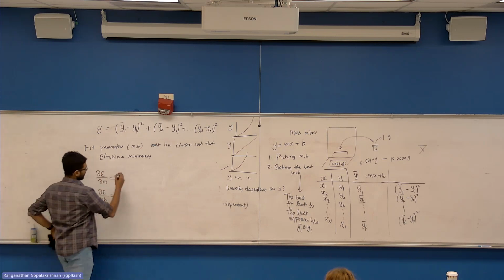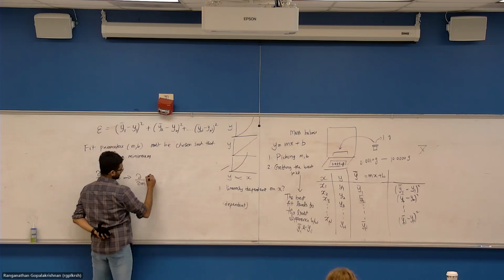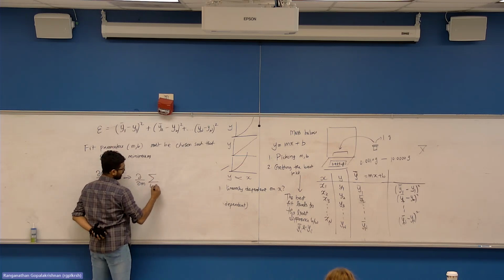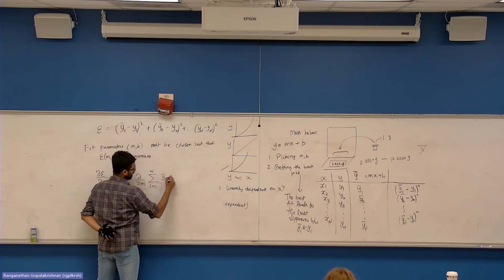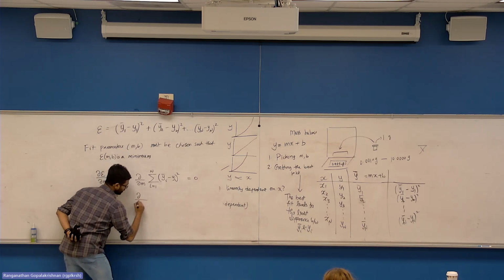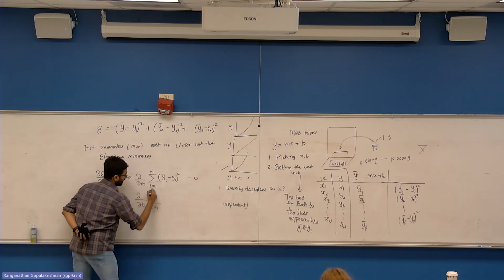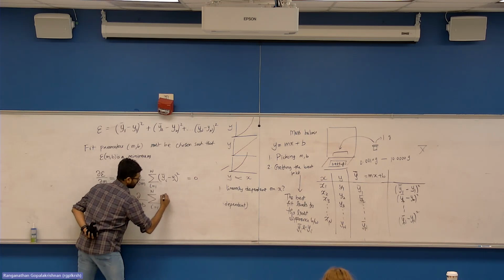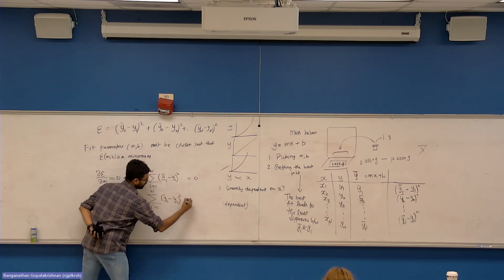What is this? This is like writing partial over partial m, summation i runs from 1 to n, yi bar minus yi whole squared equal to 0, and partial over partial b, i equal to 1 to n, yi bar minus yi squared equal to 0.